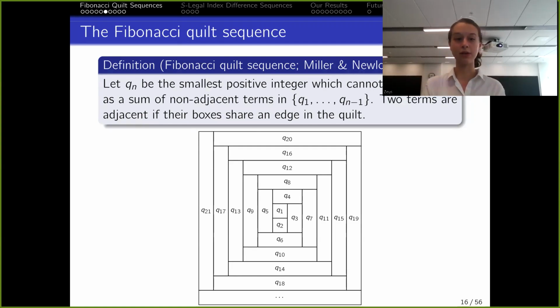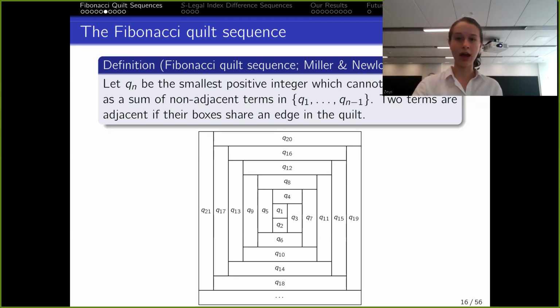We define the sequence so that the nth term is the smallest positive integer which cannot be written as a sum of non-adjacent previous terms. Here, adjacent means that the boxes share an edge in the quilt.